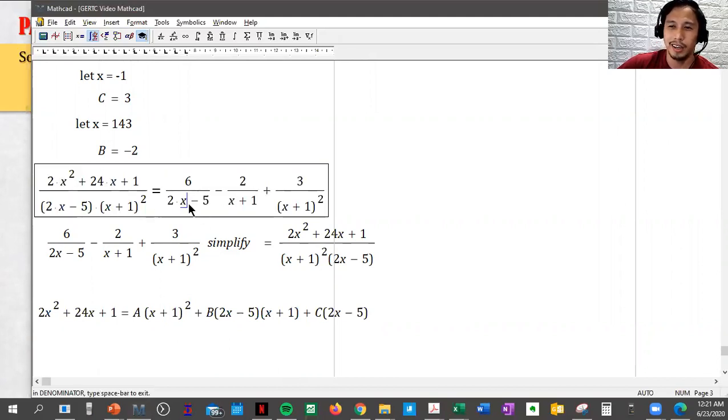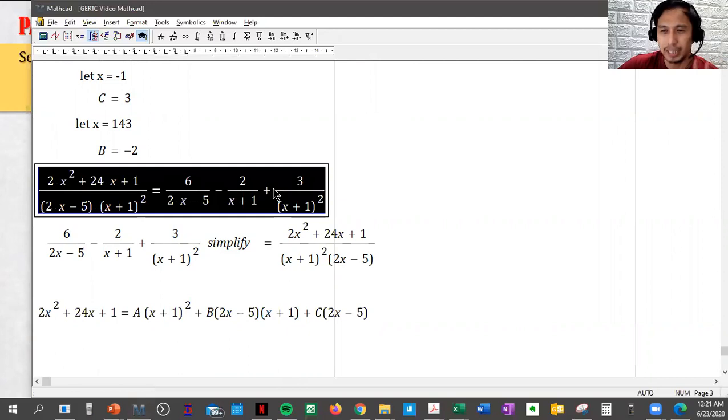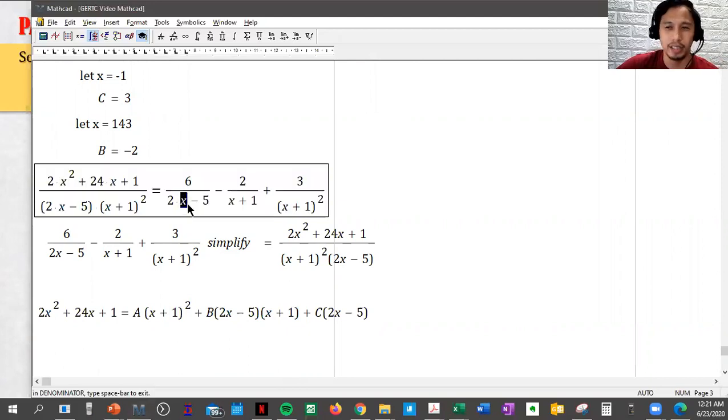If you shift solve, any x is possible except 5 halves and negative 1. So the domain of this equation is any real number except x equal to 5 halves and x equal to negative 1. It can be 3, 5, 10, 1, or 0.